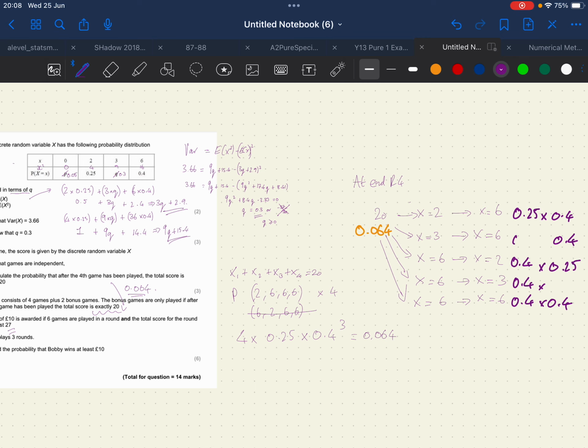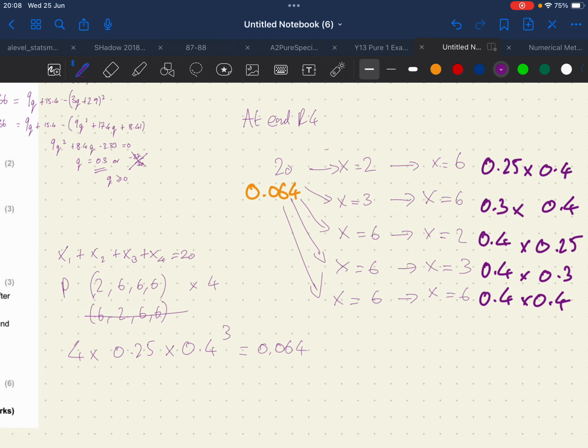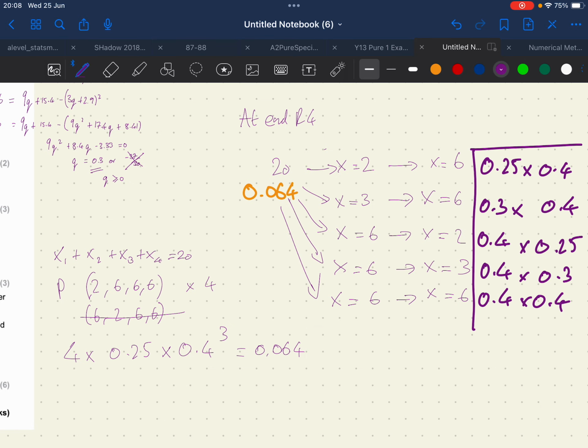A 3 is 0.3. Okay, so let's work these out and add them all together. Let me just check that this is correct. So 0.4 squared is that one there. 0.4 times 0.3, 0.3 times 0.4, 0.25 times 0.4. Yeah, great.